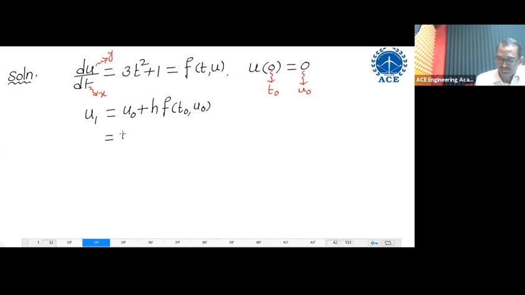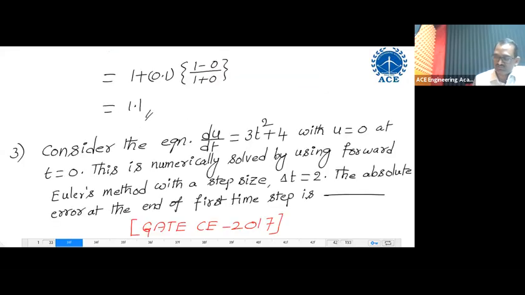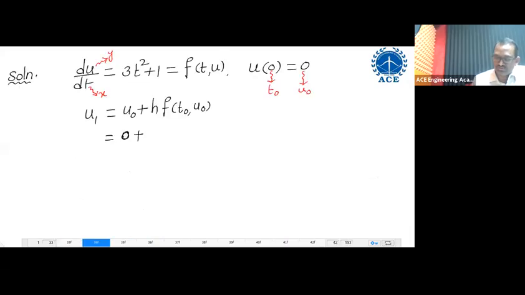That is u naught, which is 0, plus the step size, which was given to be 2. The h value is 2, into f of 0 comma 0, which is 3 into 0 squared plus 1.